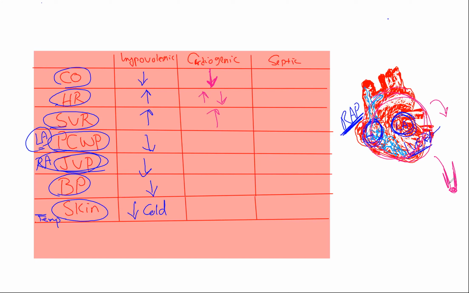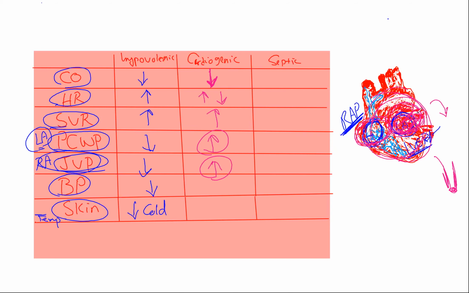Okay, what about the reflections? The left atrial and right atrial pressures will be essentially high. Why? These will be high because the blood will be congested here, because the heart is not able to contract and pump this amount.